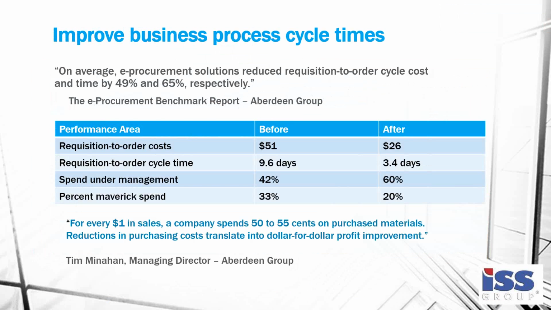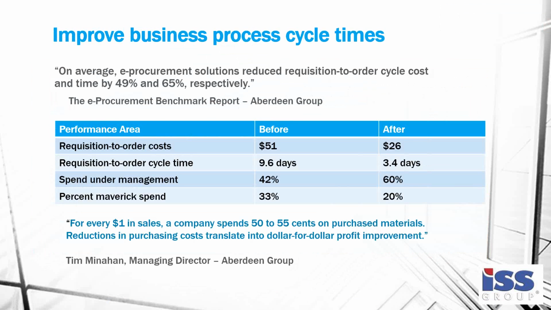We're talking 9.6 to 3.4 days. That's the average. And at the same time, to pull in the spend under management from 42% and raise it up to 60%, which drops the Maverick spend down to 20%.